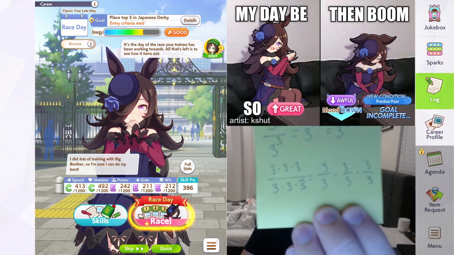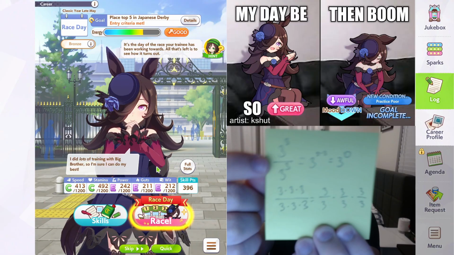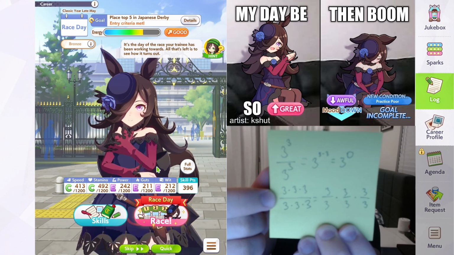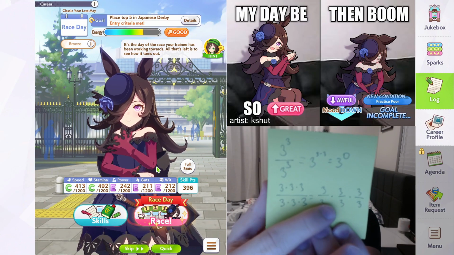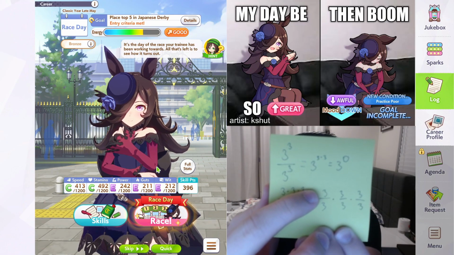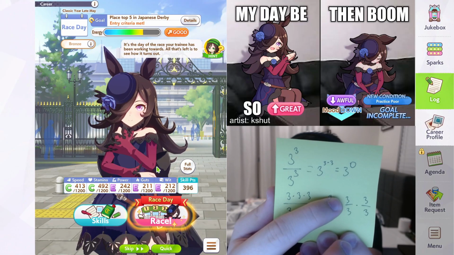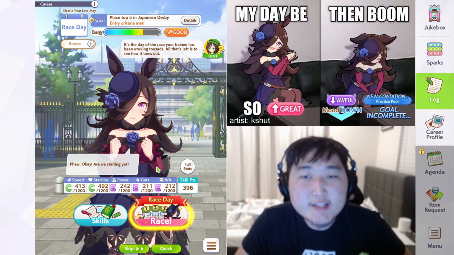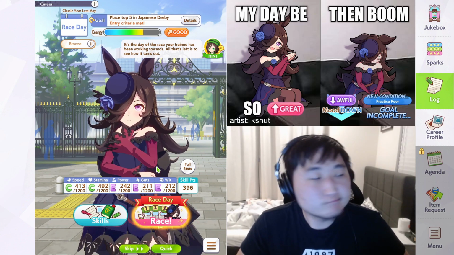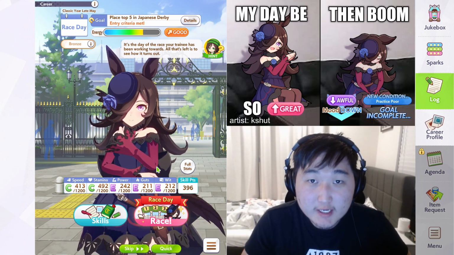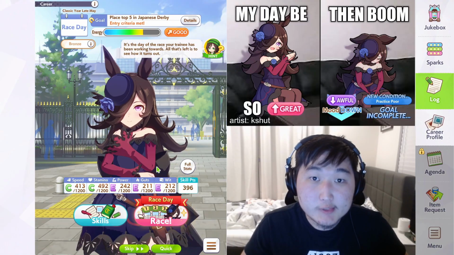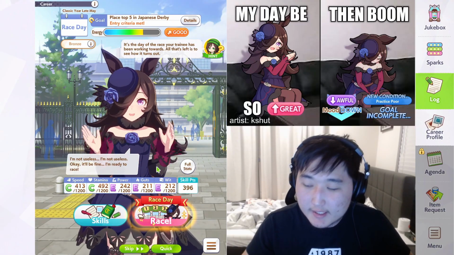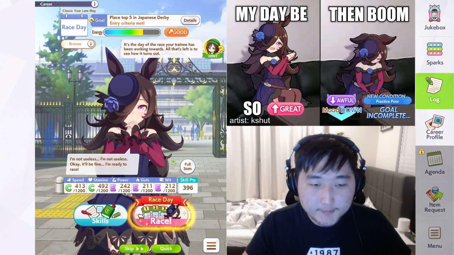You can see the bottom over here, this monstrosity I've written, basically expands out to this. And if you split it apart, it turns into 3 divided by 3 multiplied by 3 divided by 3 multiplied by 3 divided by 3. Which is what? 1 times 1 times 1. And what's 1 times 1? 1. And what's 1 times 1? 1. There you go. We have concluded that 3 to the 0 power is 1.